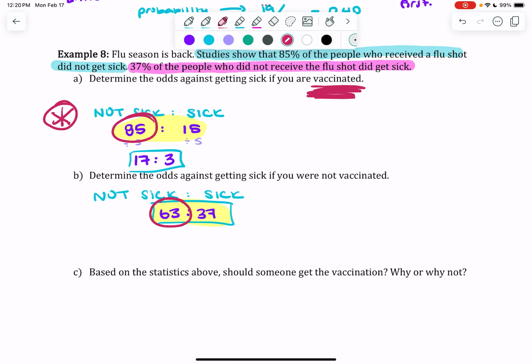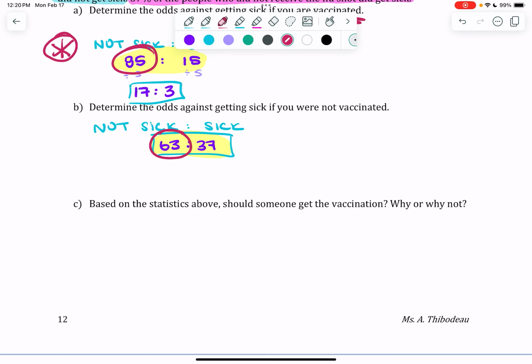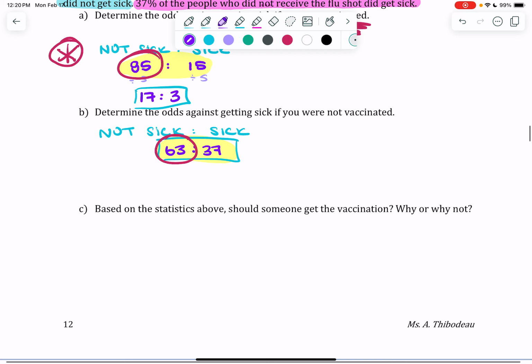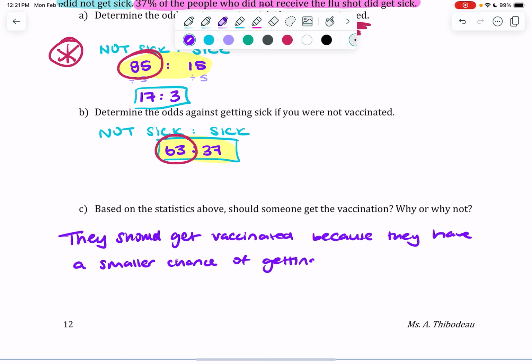But based on these stats provided in this question, we should be recommending that someone gets the vaccination because they have a smaller probability of getting sick afterwards. So let's write that. They should get vaccinated because they have a smaller chance of getting sick afterwards.